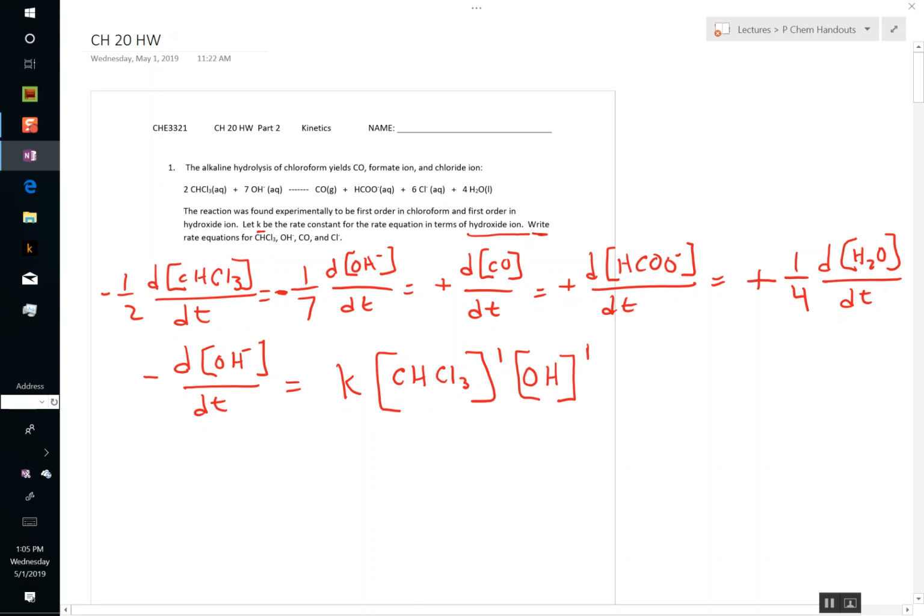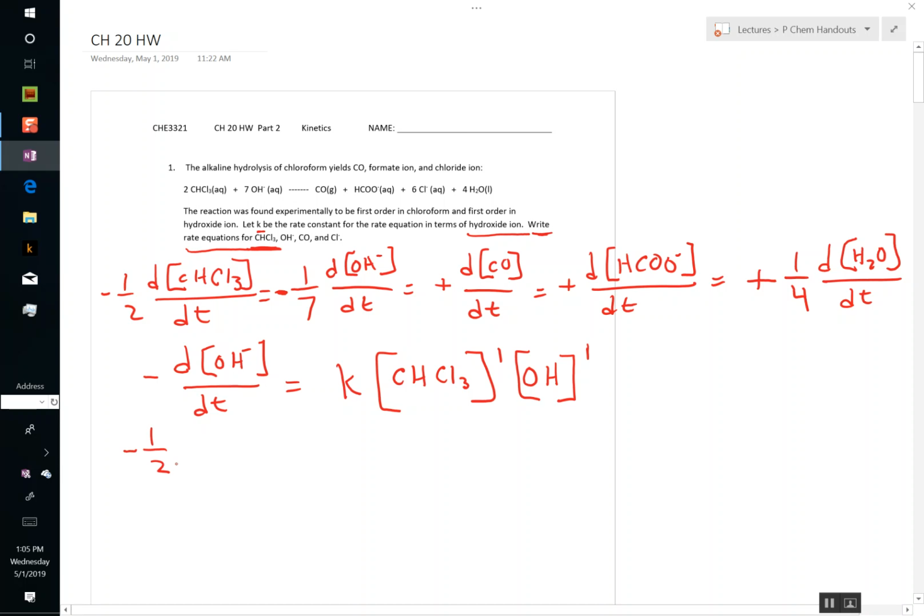Now let's write a rate equation for the chloroform. There is the rate in terms of this rate constant for hydroxide ion. So let's look at that.